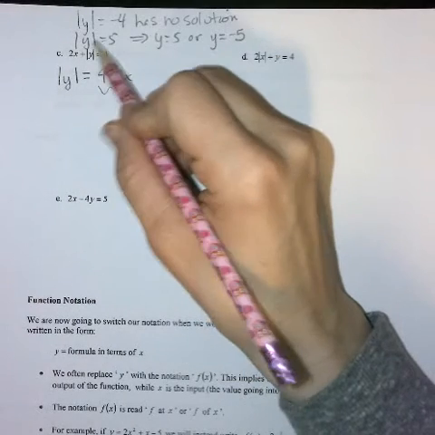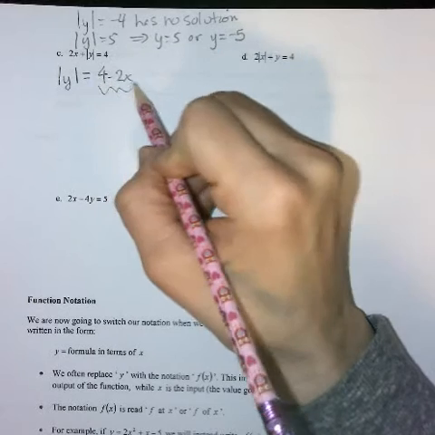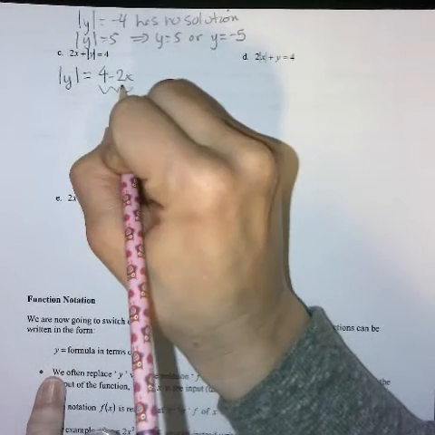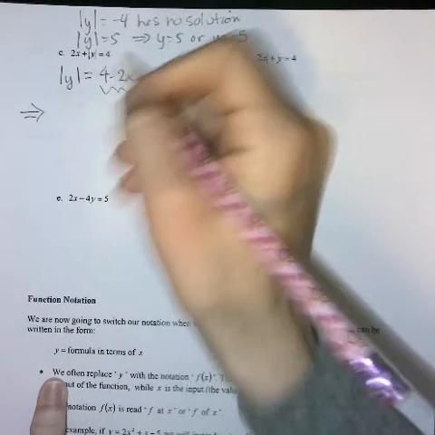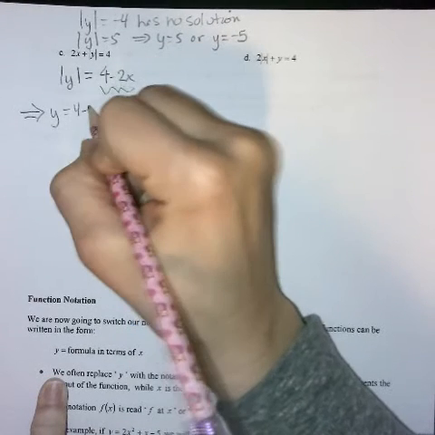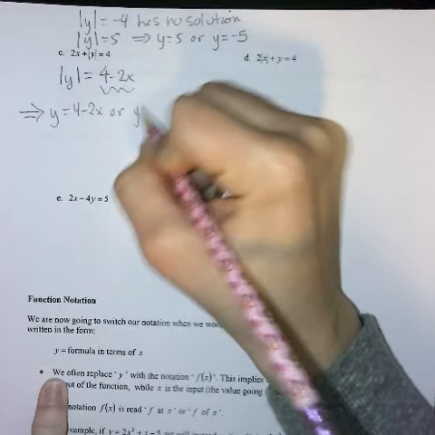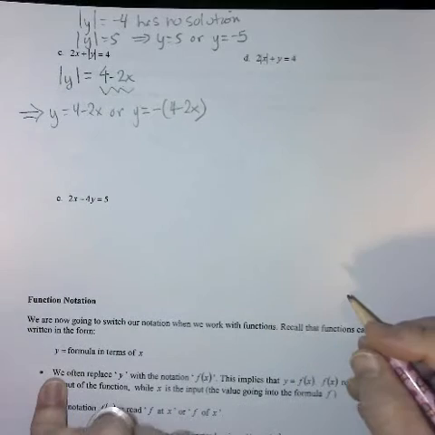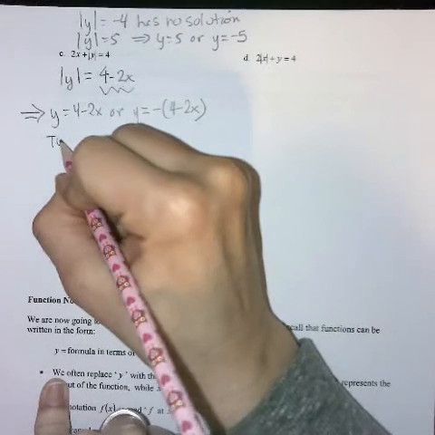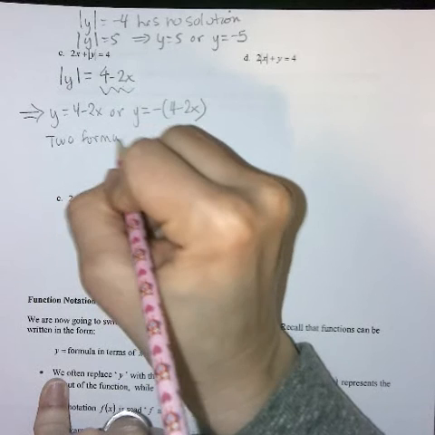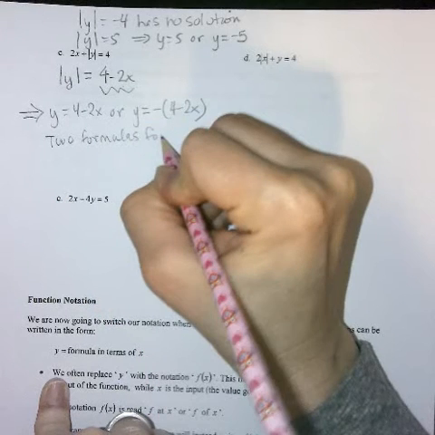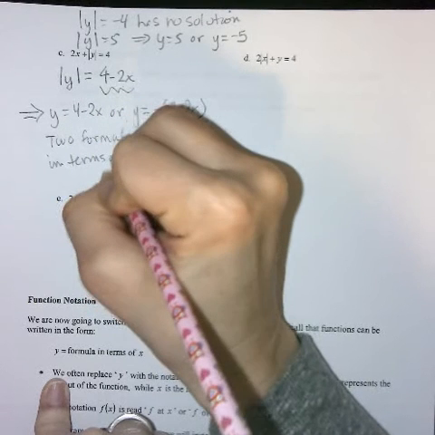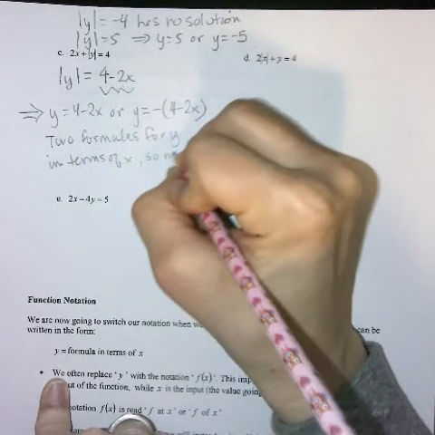Now, this of course isn't a 5 over here, it's a formula, but the same idea holds. This is going to be true if y is equal to this number or y is equal to its opposite. And because it's a formula, you want to make sure you take the opposite of the whole thing. So we have two formulas for y in terms of x. So it's not a function.